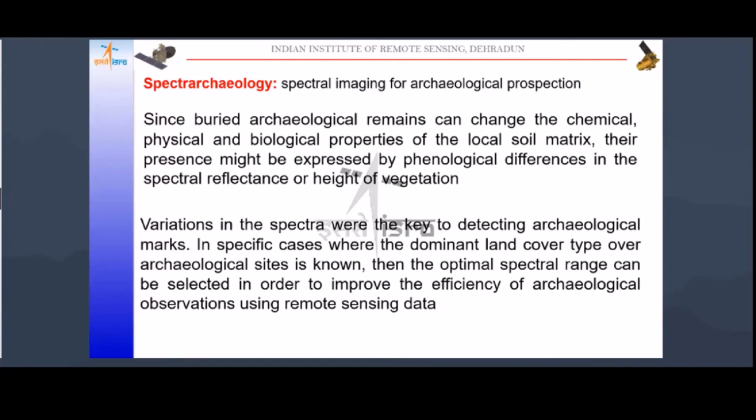So height of the vegetation may change. So there may be an anomaly that we notice on the surface. So variation in the spectra will be keys to detecting the archaeological marks.